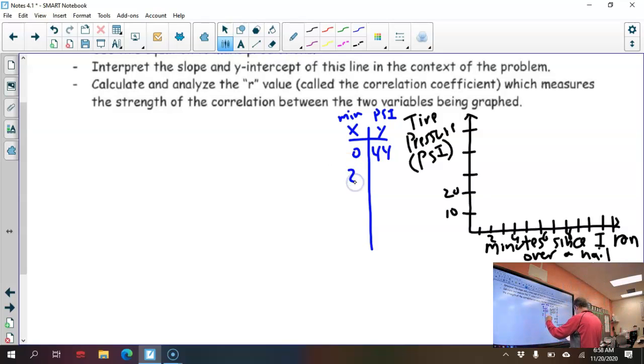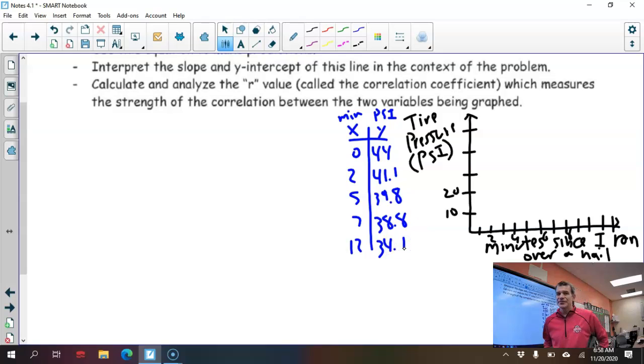And then after 2 minutes, I was at 41.1. And then after 5 minutes, my tire was down to 39.8. And then after 7 minutes, I was at 38.8. And after 12 minutes, my tire was down to 34.1. So my tire is slowly losing pressure, isn't it? It's a little bit sad.